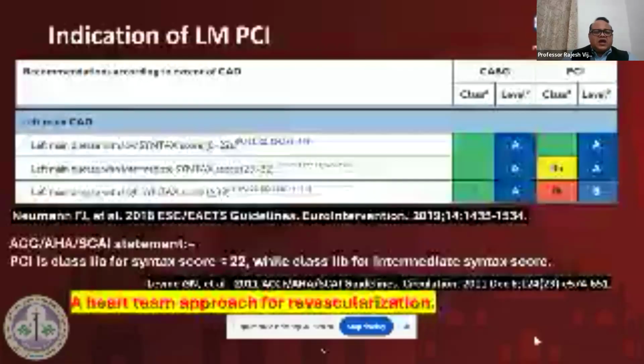As per the ESC guideline, it's a class 1 indication if the SYNTAX score is less than 22. More than 22 is where surgery is preferred.